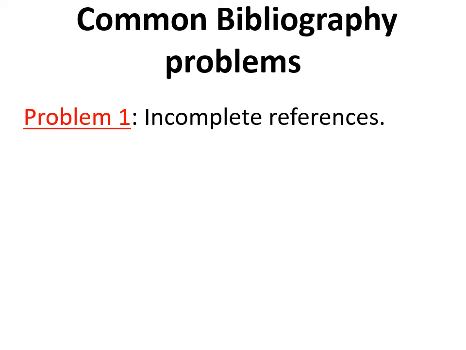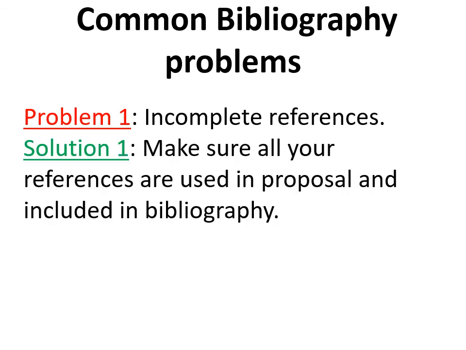So this might mean that the last page numbers aren't there, or the issue number isn't there, or the journal name isn't there, or not all the authors are included. So the solution is to make sure all your references are used in the proposal and included in the bibliography.